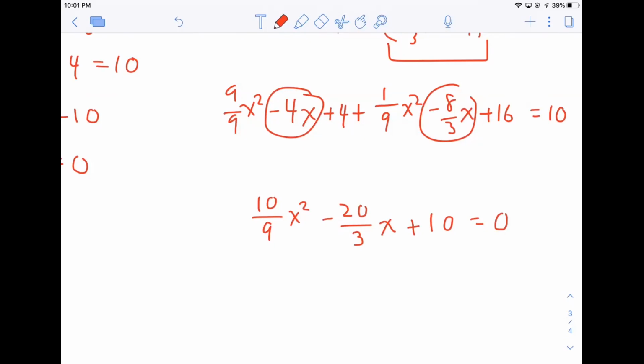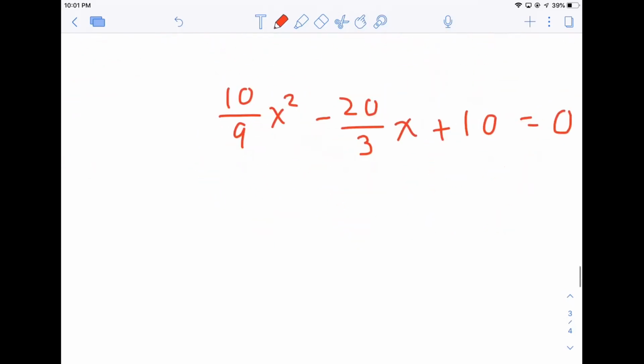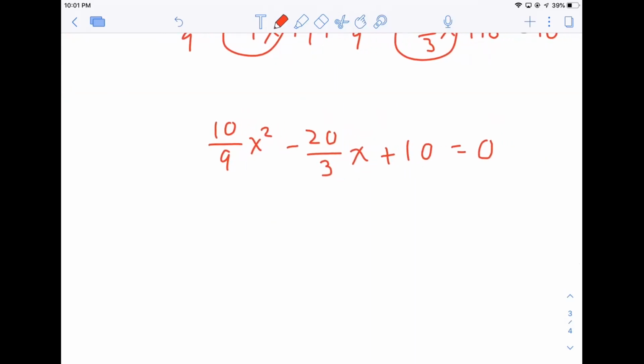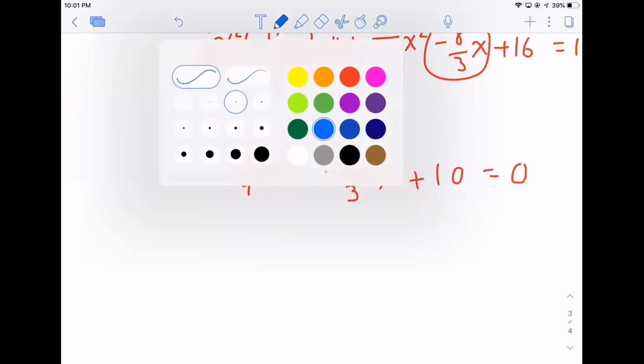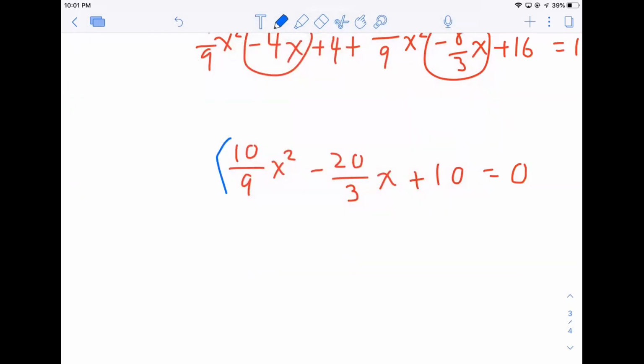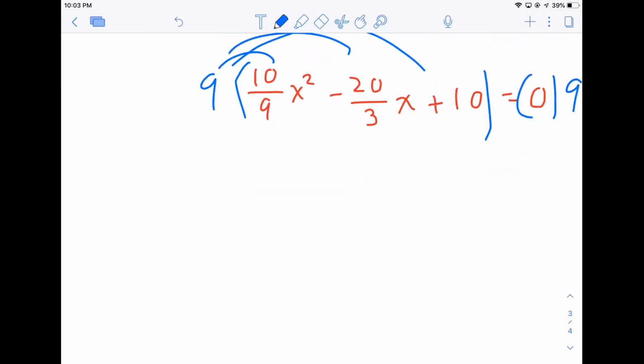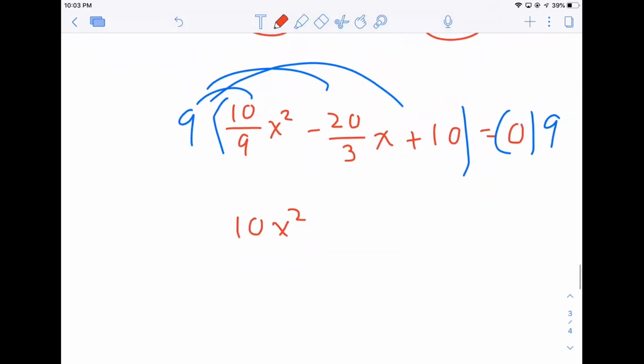I really don't want to deal with these fractions, so I'm going to multiply everything by 9 to get rid of these fractions. So I'll multiply the left side of the equation by 9 and the right side of the equation by 9. Distribute that 9. And I get 10x squared, 9 times 20/3.